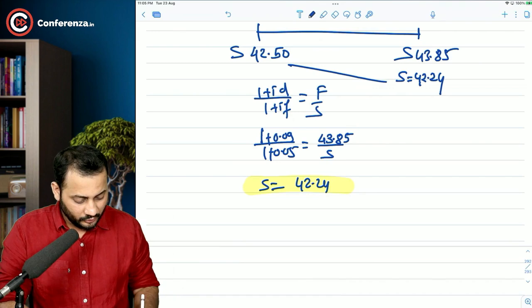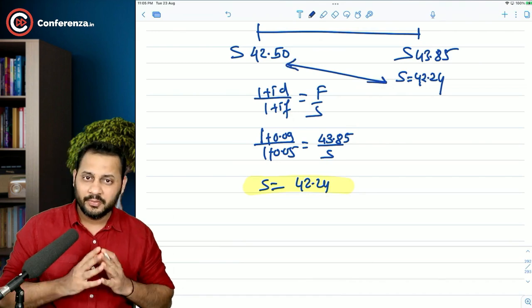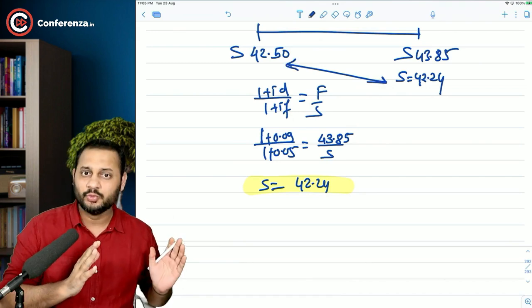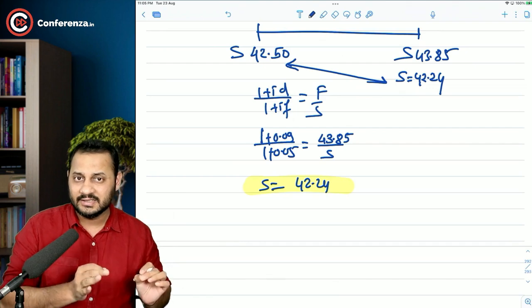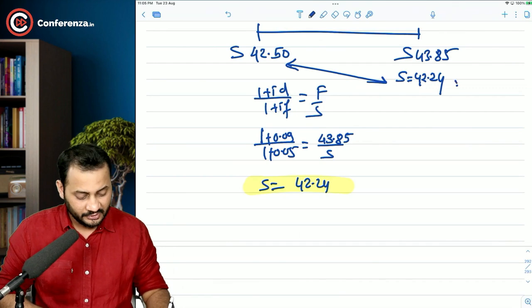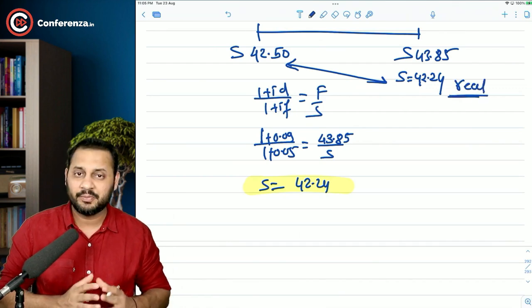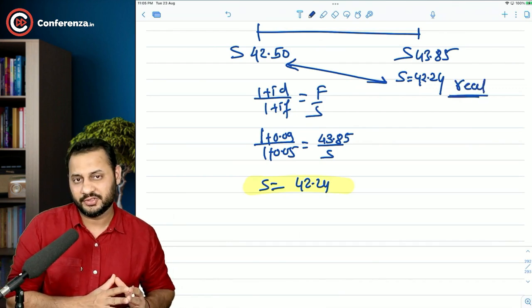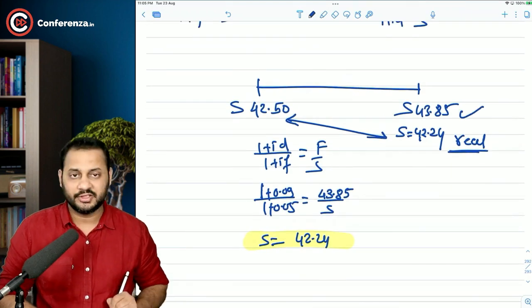So if you calculate the premium or discount between these two rates, you can clearly see that this will be without impacting any inflation. That means this is the real appreciation and depreciation. This includes inflation.